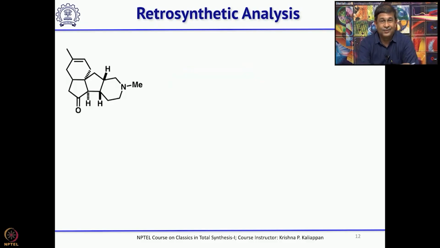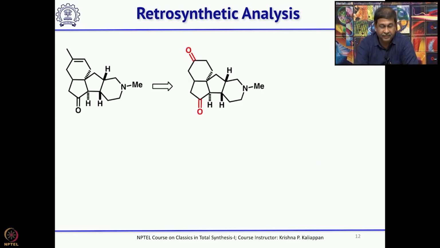First, let us look at the retrosynthetic analysis. So, this molecule, as you know, you can easily obtain from this diketone. So, if you look at the diketone between 5-membered and 6-membered, 6-membered is a little bit more reactive. So, you can do a Wittig on this ketone followed by isomerization, you will get the natural product.